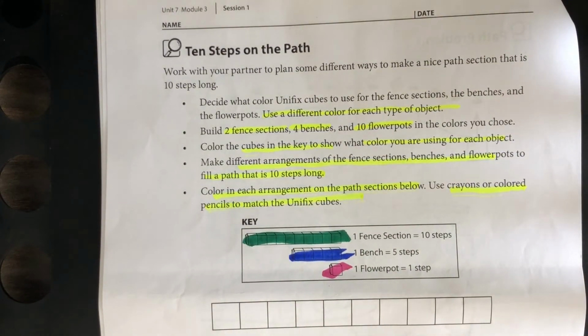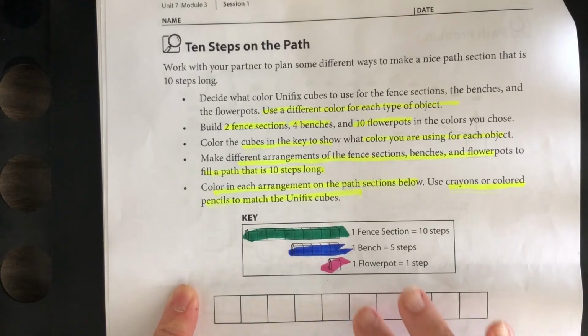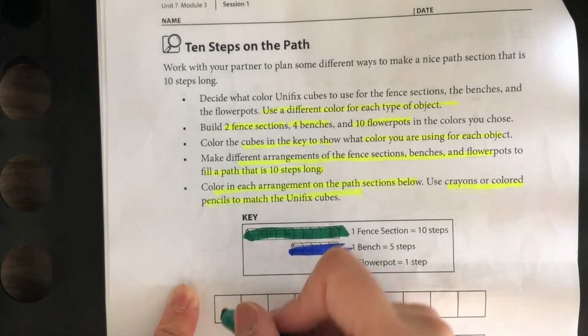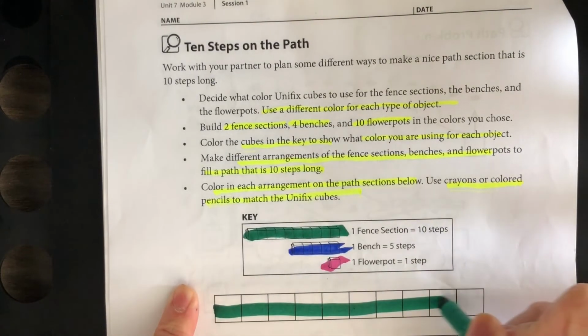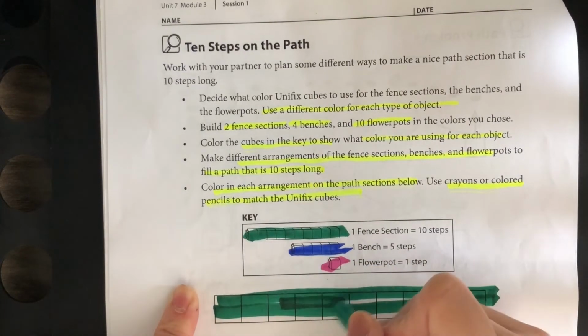Okay. So the direction says to build 2 fence sections. So I'm going to build one here. So 1, 2, 3, 4, 5, 6, 7, 8, 9, 10. I'm going to color all this green. So we know that this is a fence.